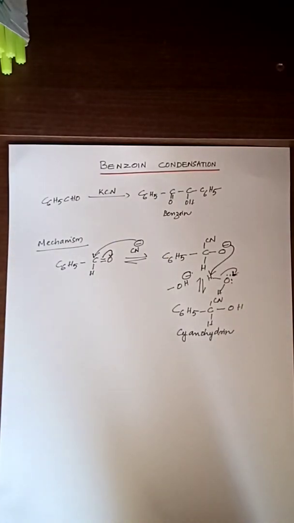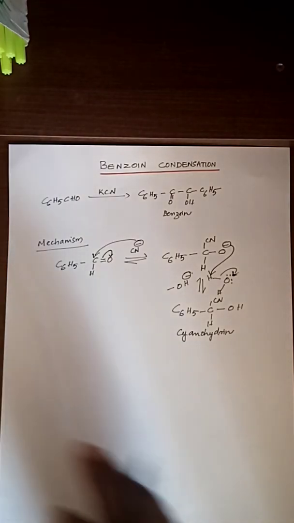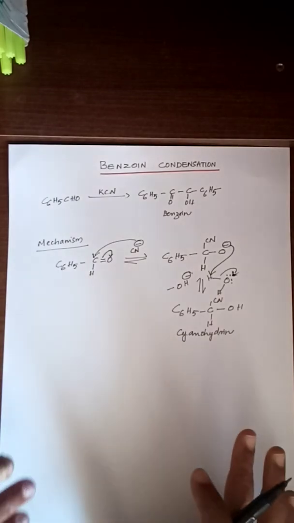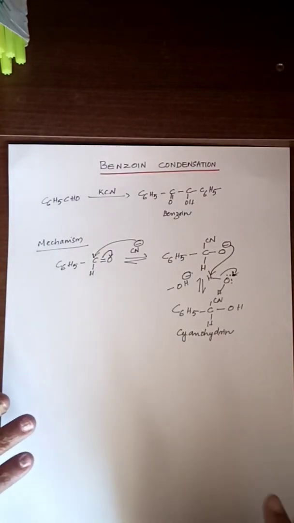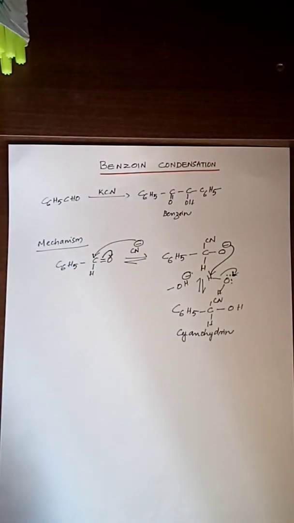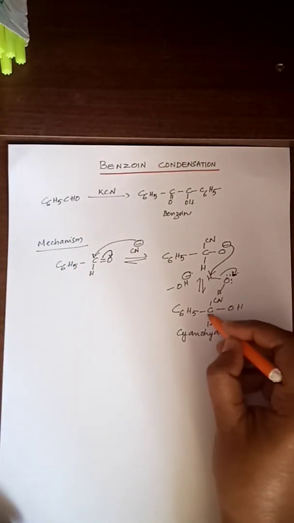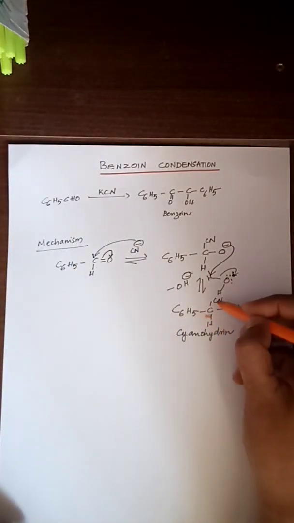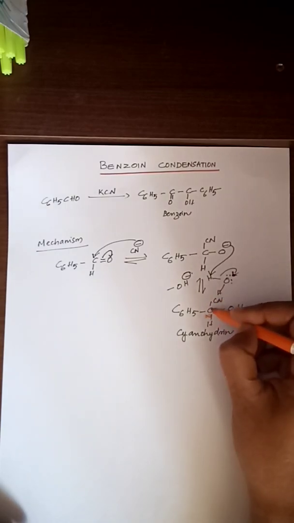Next is the formation of the cyanohydrin of benzoin. How is it formed? This cyanohydrin contains one alpha hydrogen. This is the alpha carbon to the cyanide group and this is the alpha hydrogen.